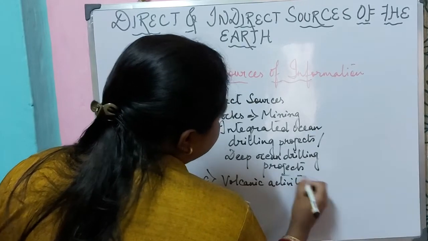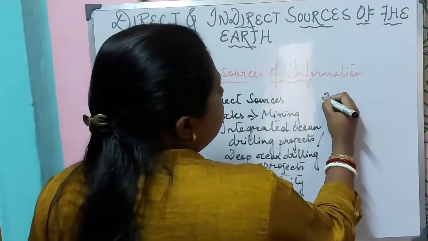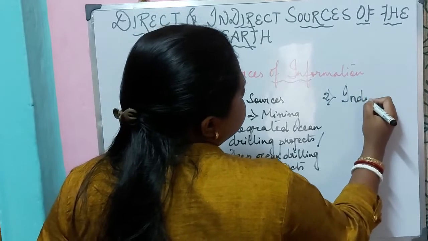These are the direct sources of information. Now, what are the indirect sources?